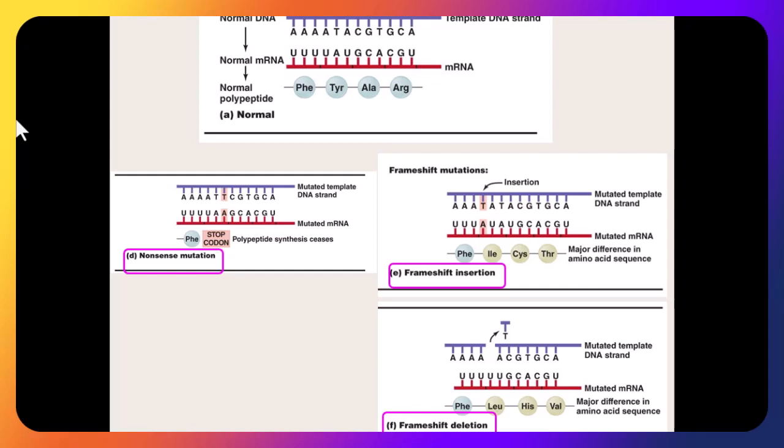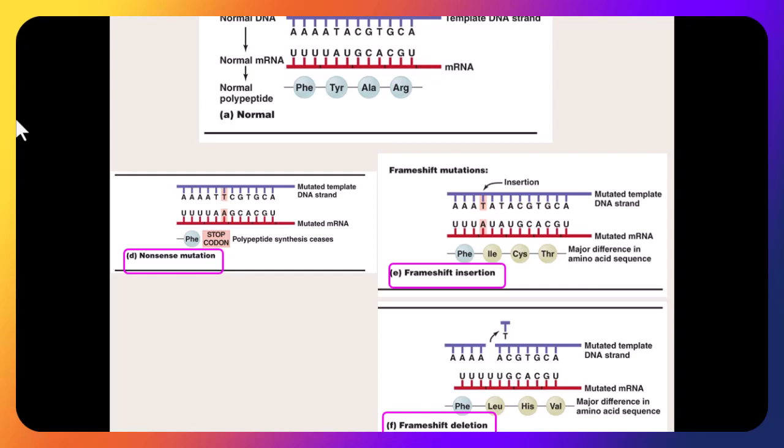But instead of the 3 letters UAU for tyrosine, it's now a UAA, which is one of the 3 stop codons. That's called a nonsense mutation. Nonsense means a stop codon gets put in when it shouldn't have. That can be detrimental because that means that nothing else gets made. There's no way that protein is going to do anything like it was supposed to because it's missing most of it.